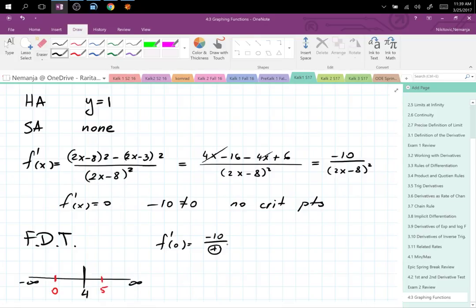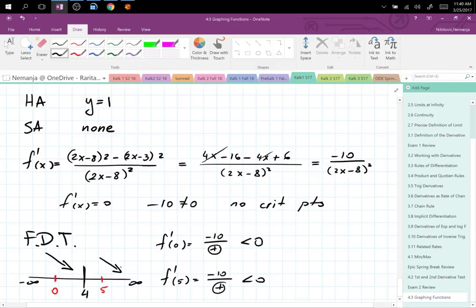You square anything, it's positive, right? So negative divided by positive is negative. So we have a decrease on this side. F prime at 5 is going to be negative 10 divided by, again, a positive value.